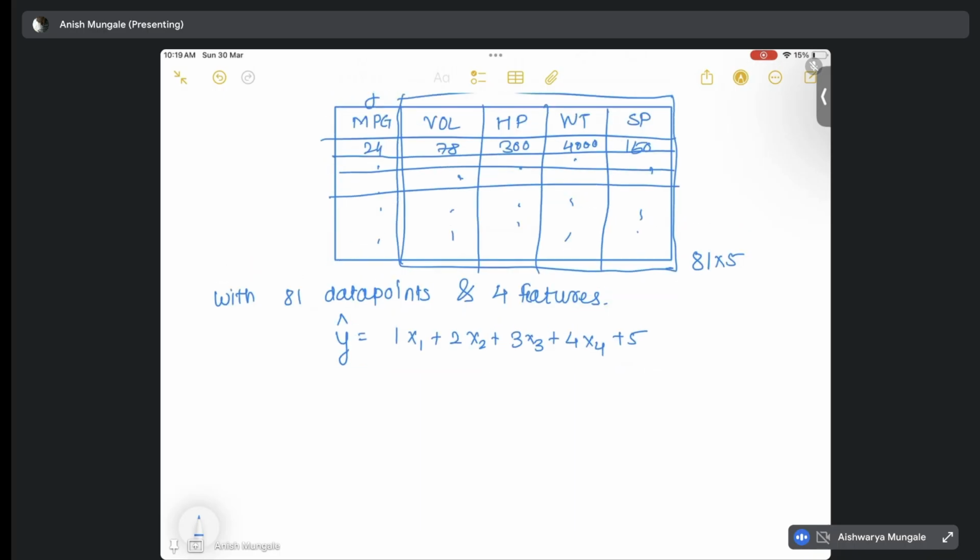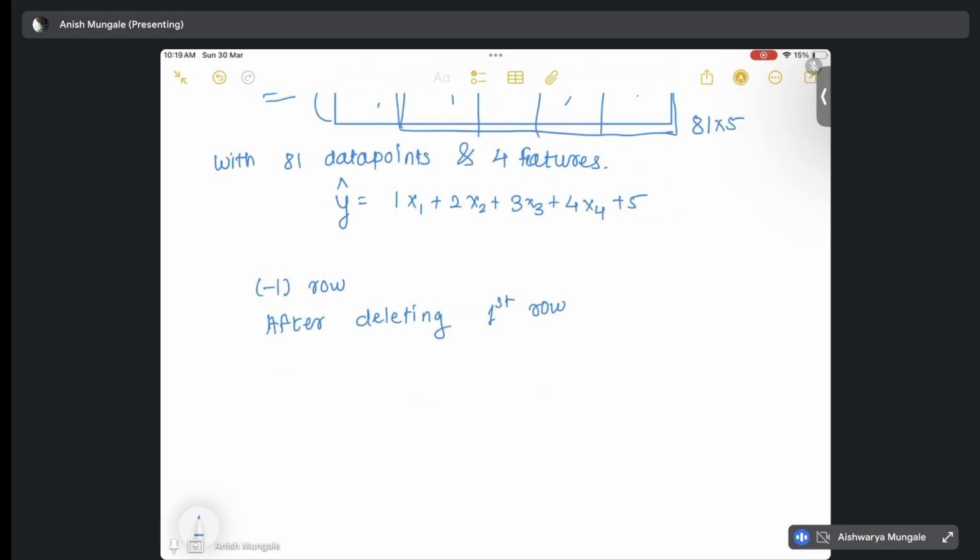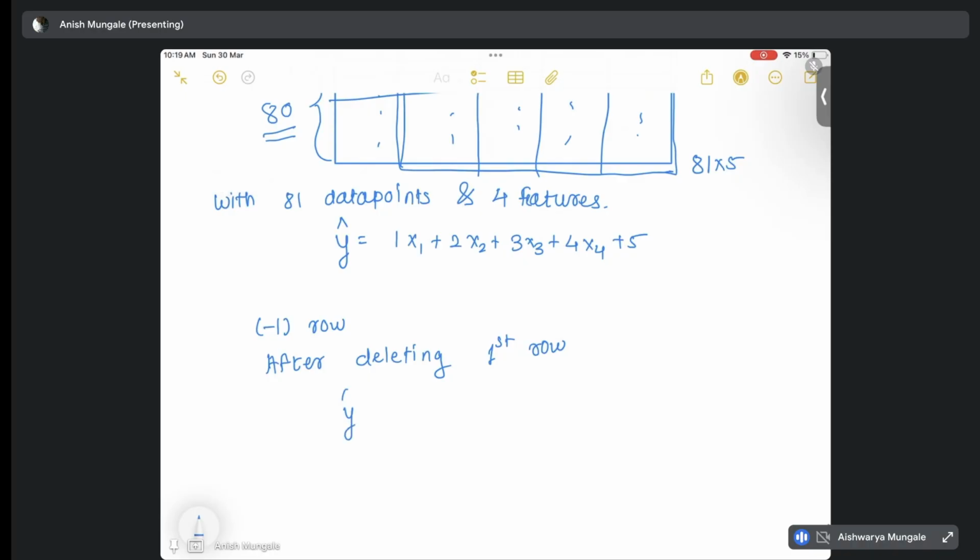Then what you do is delete the first row. Delete this first row and keep the remaining 80 data points. After deleting the first row, again fit the model y bar on 80 data points.